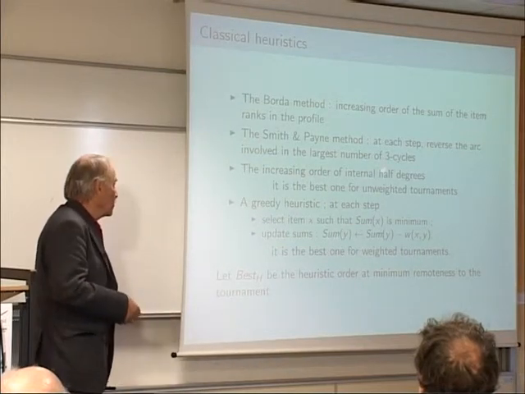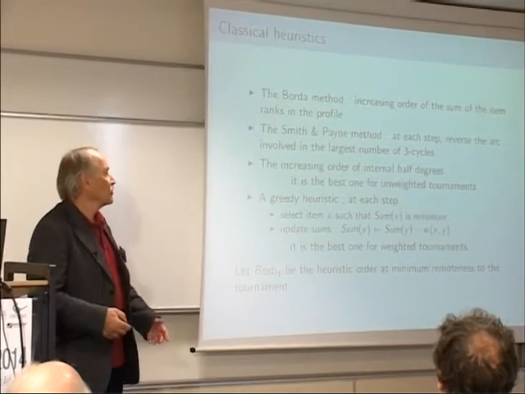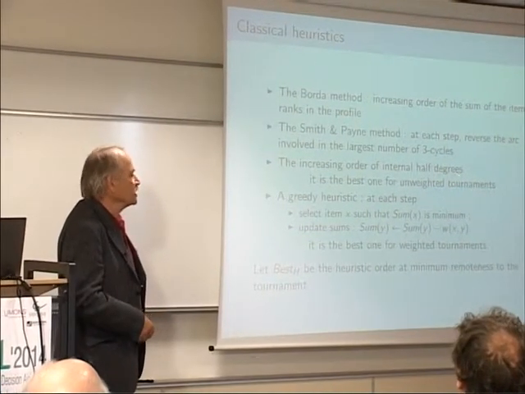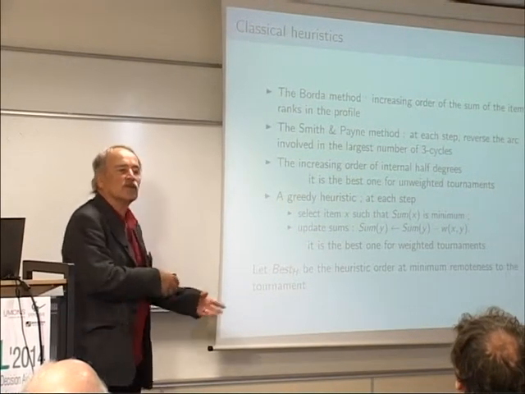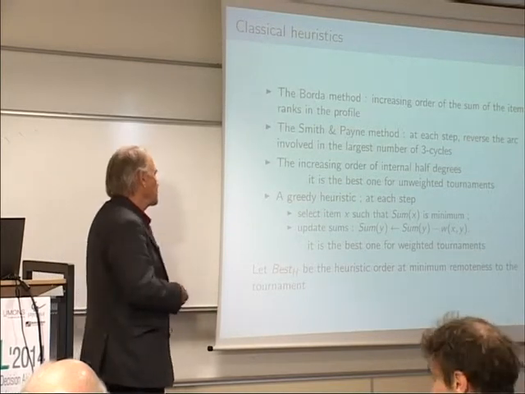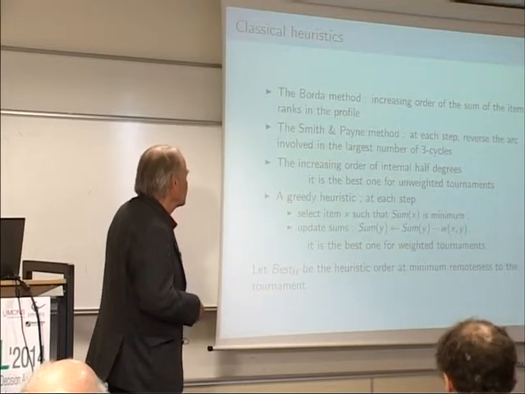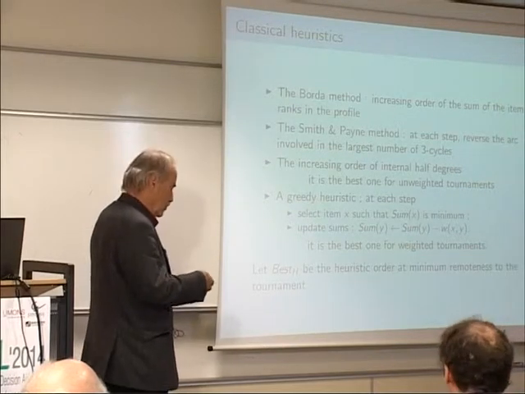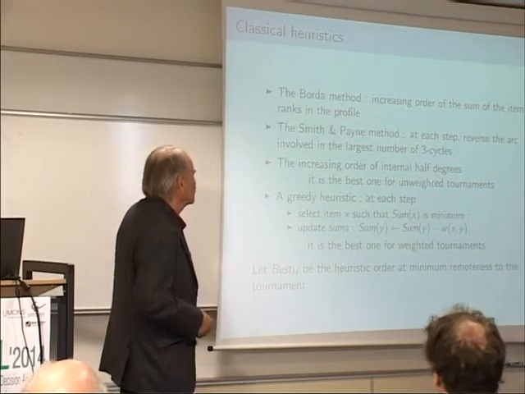You have a very simple heuristic, which is the increasing order of the internal half degrees, the number of vertices that dominate X, so you choose the one which is least dominated, and it's a very good heuristic on average for unweighted tournaments.